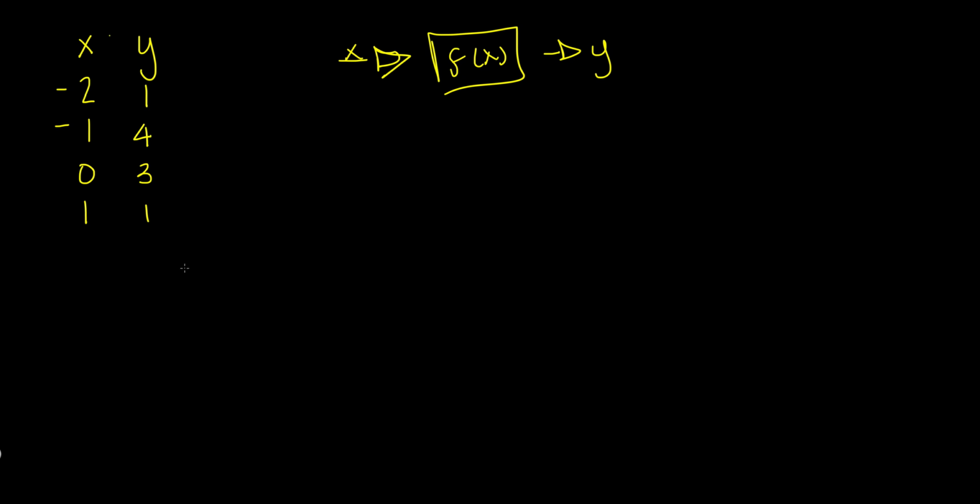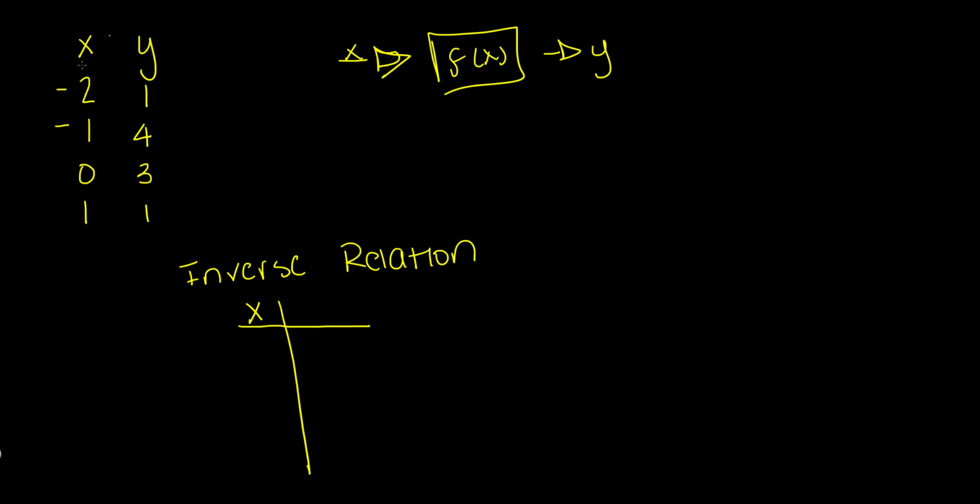So I'm going to take the inverse. The inverse relation is, again, just my x's become my y's and my y's become my x's. So in other words, our inverse relation switches x and y.